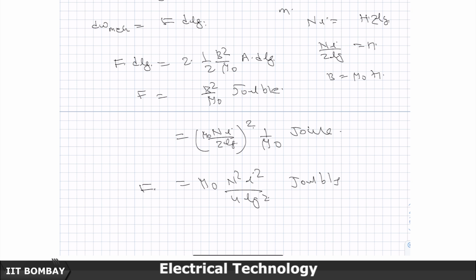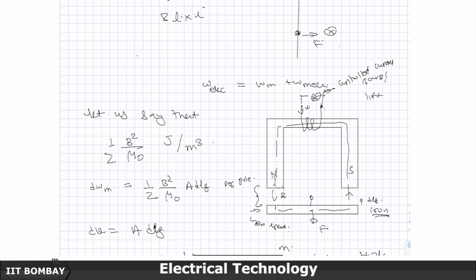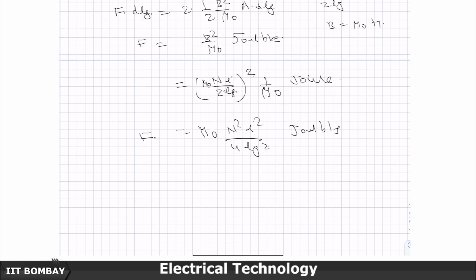So, from here if you know how many newtons you want to lift and you know your air gap and you know how many number of turns there are, you can calculate I. It does not matter whether you send the current like this or like this, because the force is only dependent upon I square.